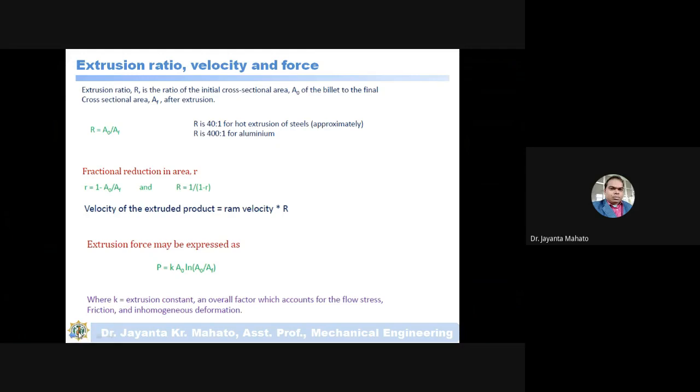Suppose this is the ram, and this is the die. So this is the extruded part. The metal will flow like this.